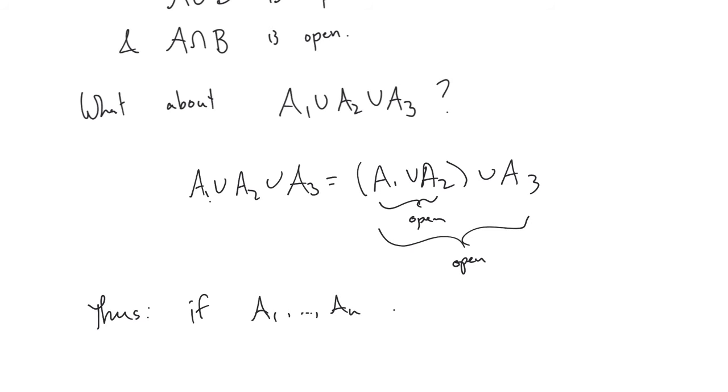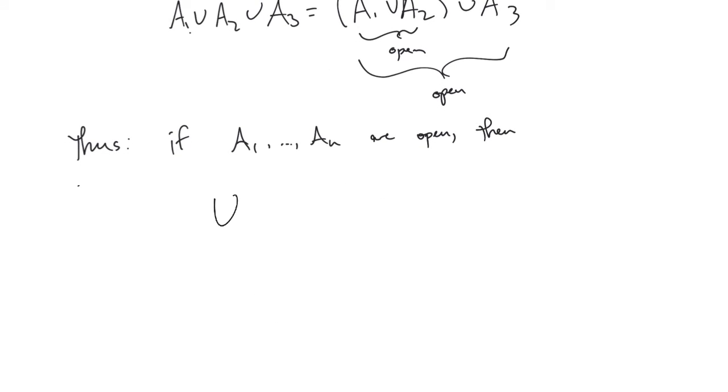If A1 up to AN are open, then the union from i equals 1 to N of Ai is open, and the intersection, same thing, i equals 1 to N, of Ai is open. Right?